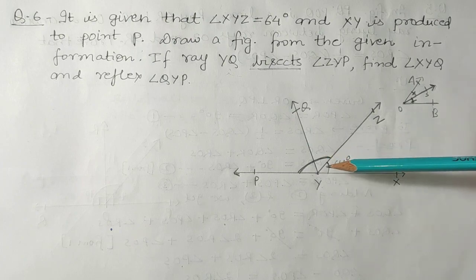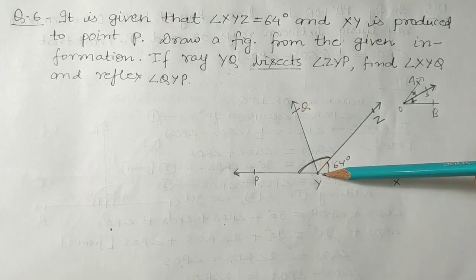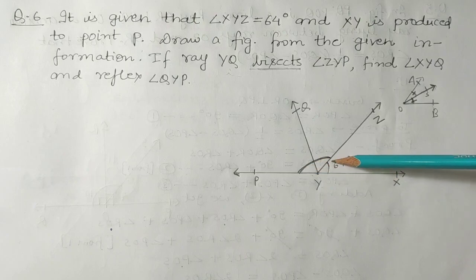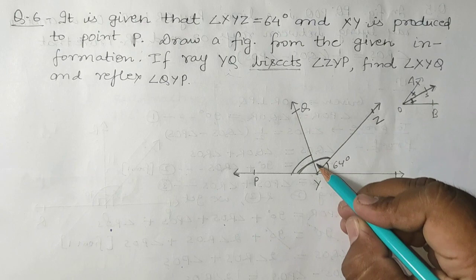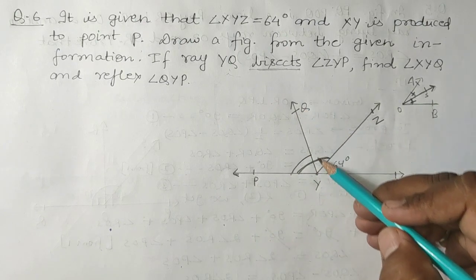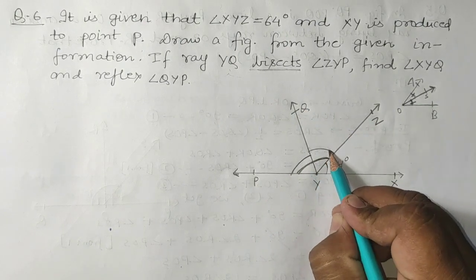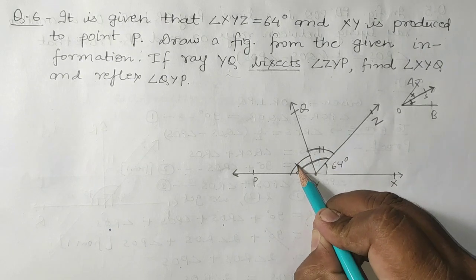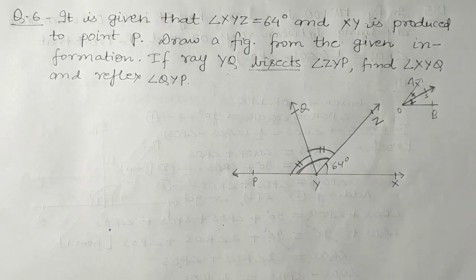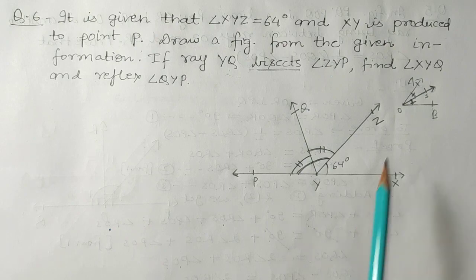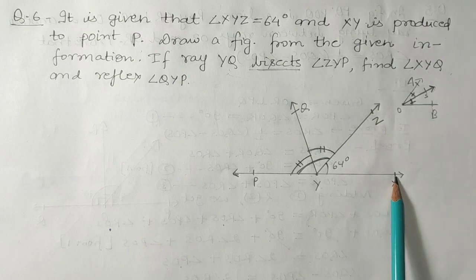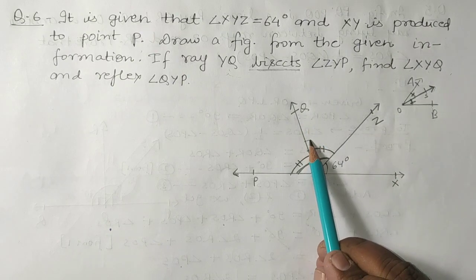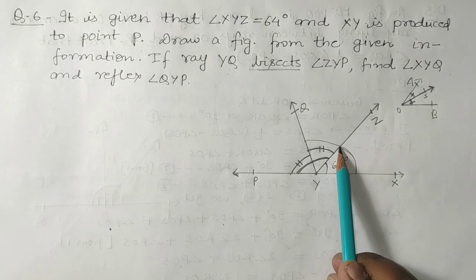Here we have made a ray YQ which is just in the middle of these two angles, means angle QYP and angle QYZ will be equal to each other. Now the question is, find XYQ. We have to find angle XYQ, means the whole of this angle.